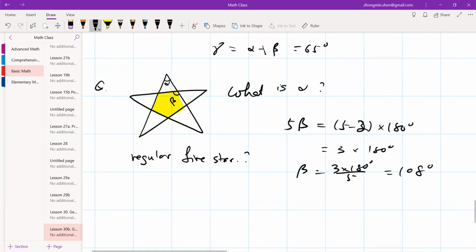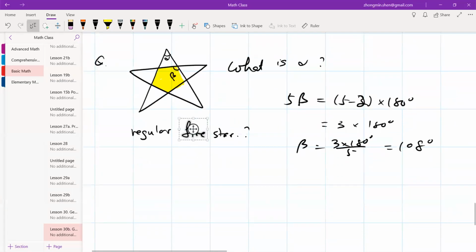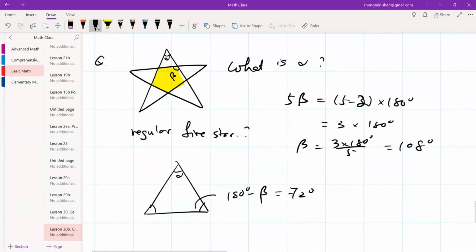So look at this triangle, right? This is alpha, and I already know those 2 angles. This angle is 180 degrees minus beta, so it's going to be 72 degrees.